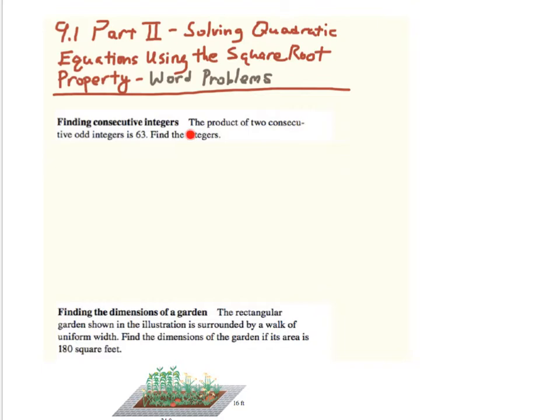I'm finding consecutive integers where the product of two consecutive odd integers is 63. Find the integers.